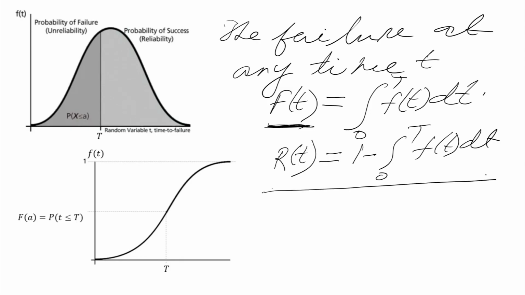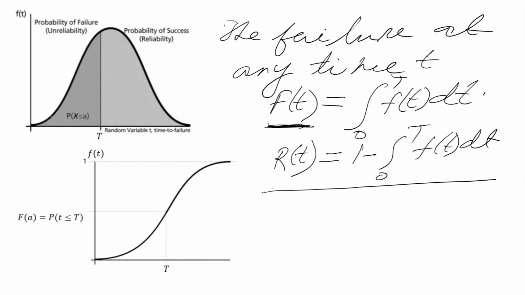Generally, for this Gaussian or normal distribution, tables are given. In order to use those tables, you should know this complementary function: from the probability of failure, how can I find the probability of success, because the total area under this curve is equal to 1. The probability density function integrated from 0 to infinity of f(t) dt will always be equal to 1.